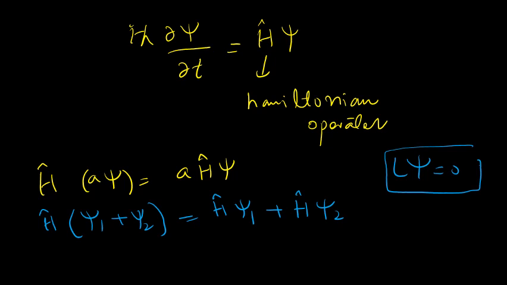It means that if psi 1 and psi 2 are two different solutions to the Schrödinger equation, then their combination psi 1 plus psi 2 will also be a solution. So it was all about the property of linearity, which tells us how linear theories are simpler compared to non-linear theories.